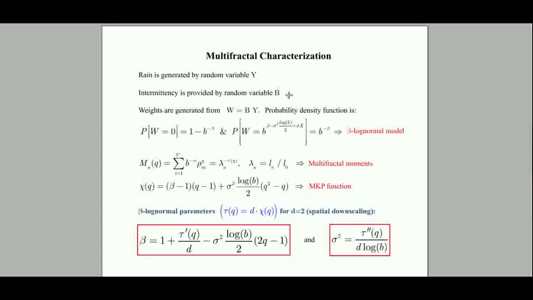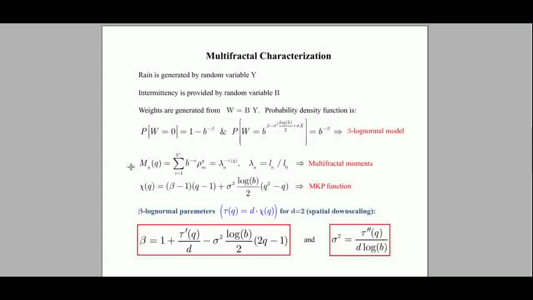Therefore, we require two random variables forming that random generator of the cascade process. So we need one random variable that generates the zeros of rainfall measurements, so the instances at which there is no rainfall. And we need another variable that generates values of rainfall at instances in which rainfall appears. So the probability of having zero rainfall is characterized by this model here, this piece here.